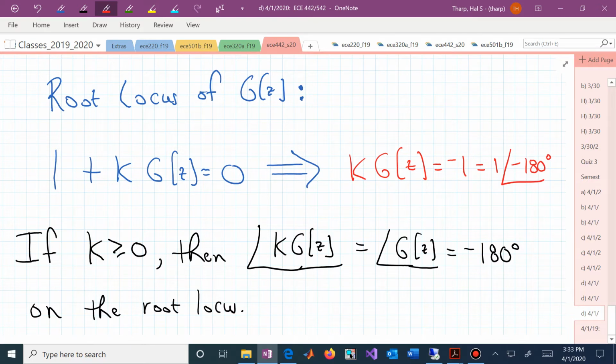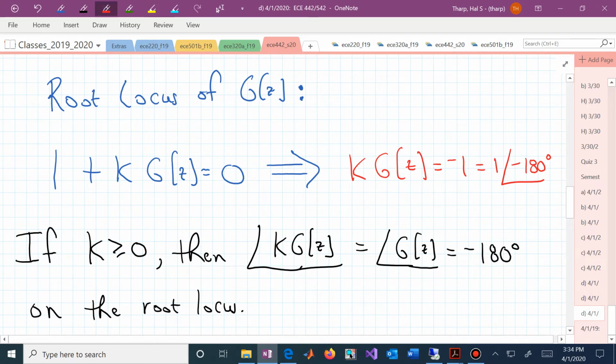So let's just say if K is non-negative, then the phase, or the angle, of KG(z) is the same as the angle of G(z). If K is non-negative, it's not changing the sign, it's not changing the angle of whatever this complex number has for an angle.